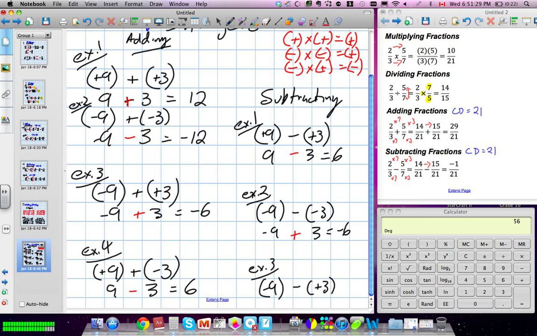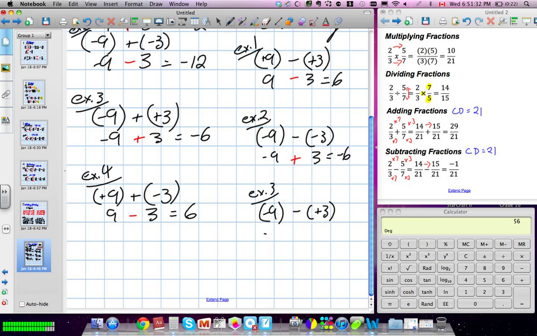We have negative 9 minus positive 3. What's that give us? Negative 3. So negative 9 minus 3. What's that give us? Negative 12. Good. Finally, our last example.